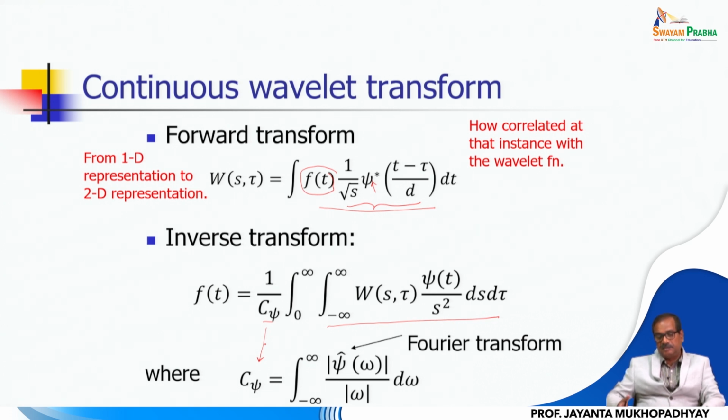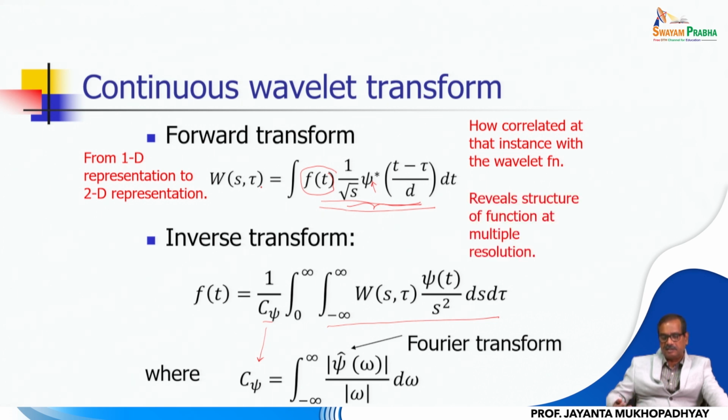As I mentioned, since it is translated by tau here, this is a translation. Once we compute this particular coefficient, it tells how correlated this wavelet function is at that instance. That is what the inner product says.